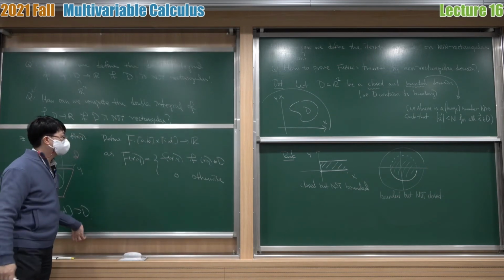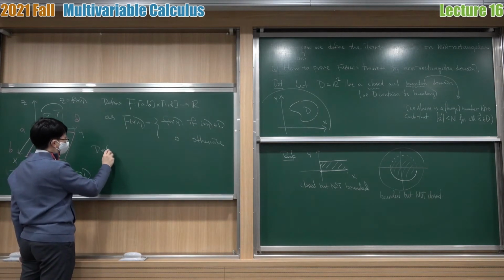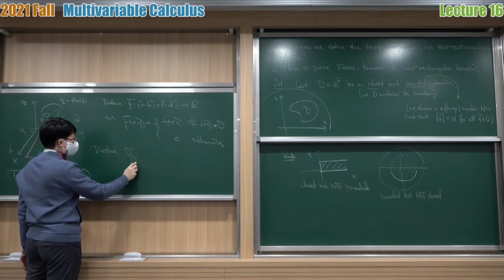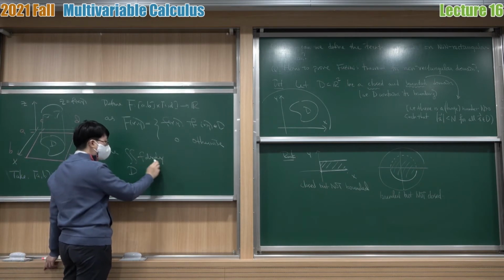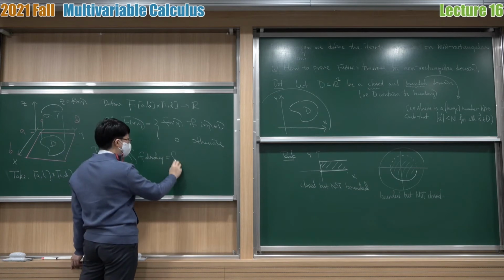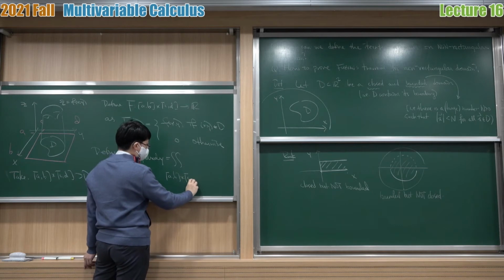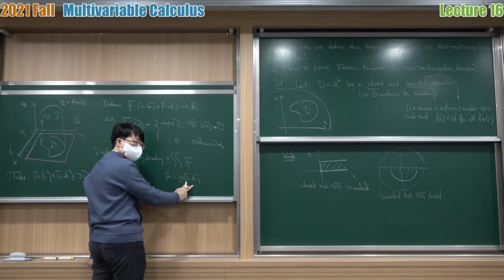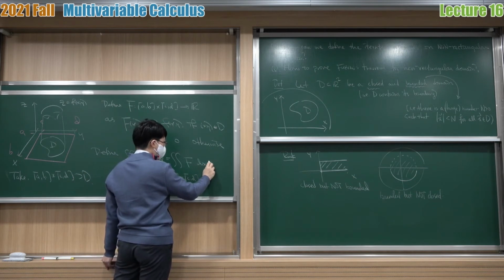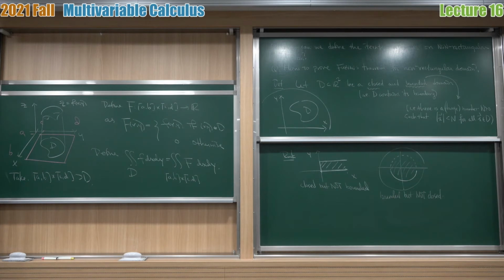Okay. Then we can define the double integral of small f to be equal to the double integral of this large f over the rectangular domain. Does it make sense?